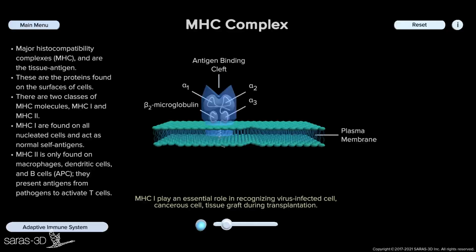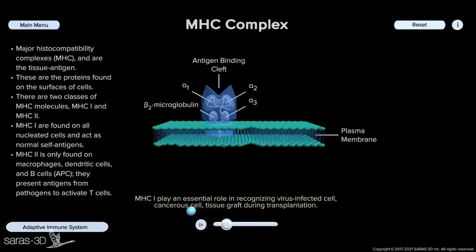MHC class 1 plays an essential role in recognizing especially virus infected cells, cancerous cells, and tissue grafts during transplantation. The reason being, the cell machinery is altered during these phenomena. When a virus gains entry inside the cells, it altogether hijacks the cell's machinery.